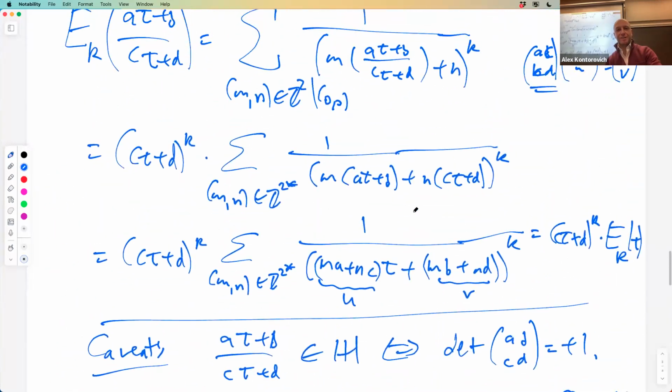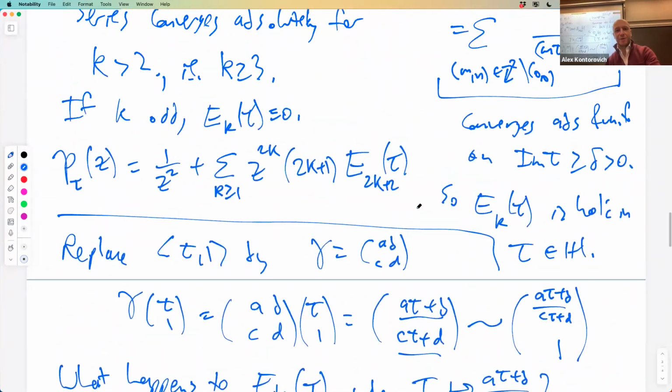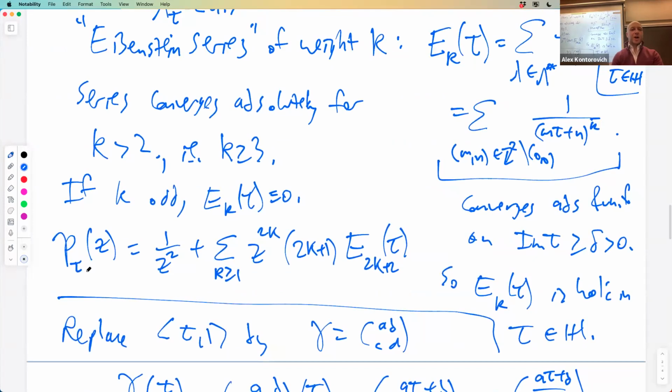So let's go back. Where are we? We tried to understand the Taylor series expansion of the Weierstrass P function near zero. It has this double pole. It has no constant term, and the z to the 2k terms have this explicit constant times this fascinating function, an Eisenstein series.